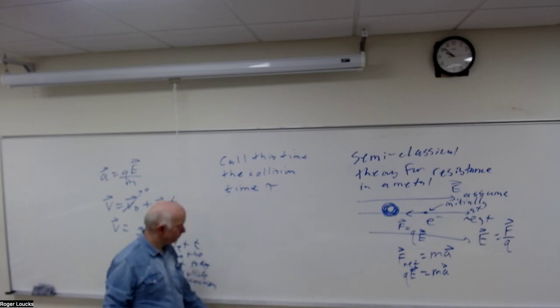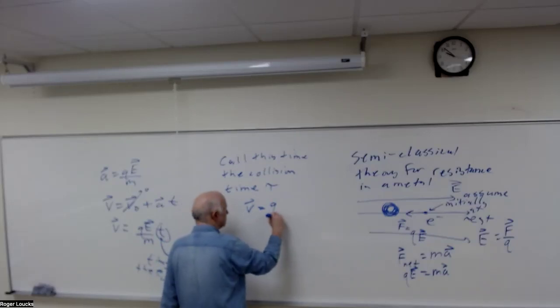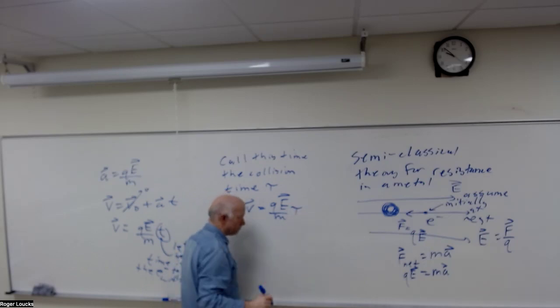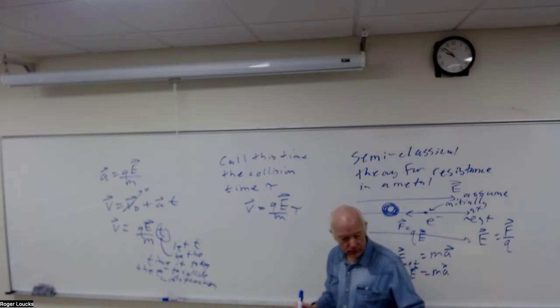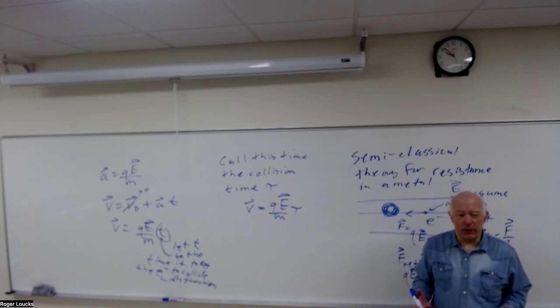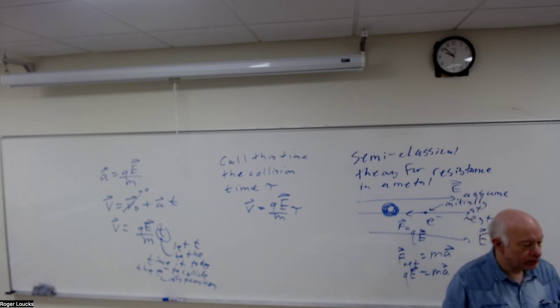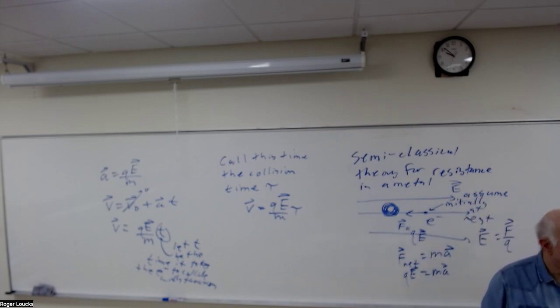Now, what I have here is that V equals QE over M tau. So let's say you have something that conducts really, really well. Would that tau be large or small? Would you expect tau to be large or small?